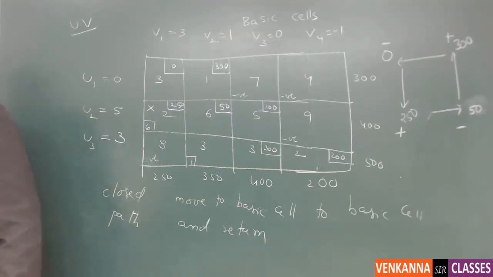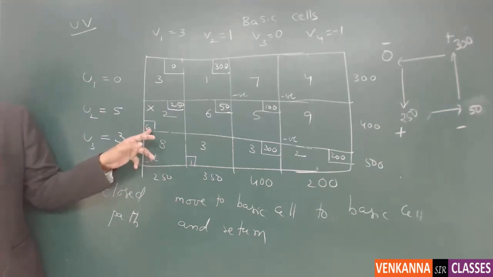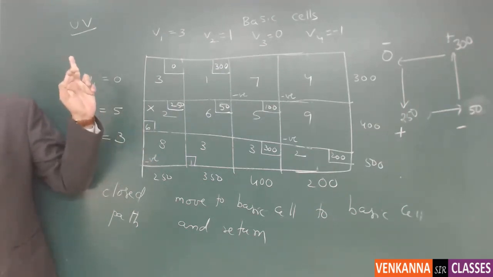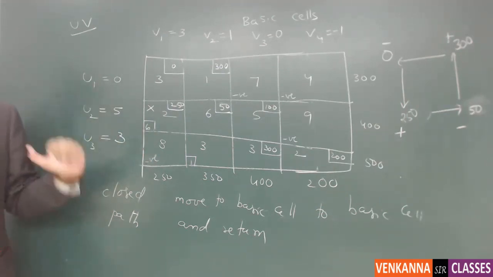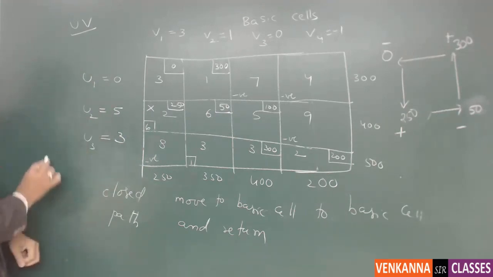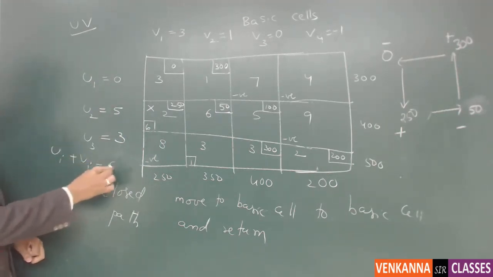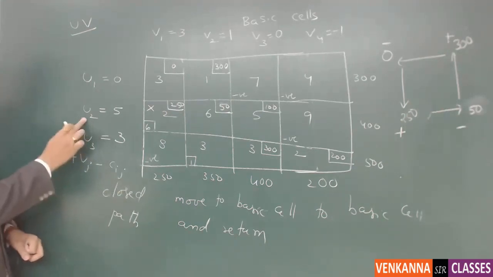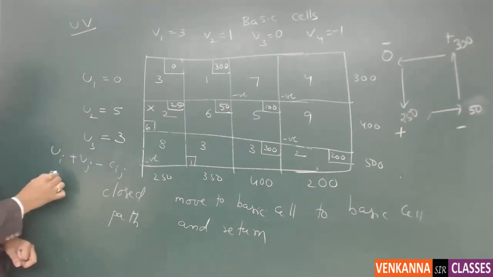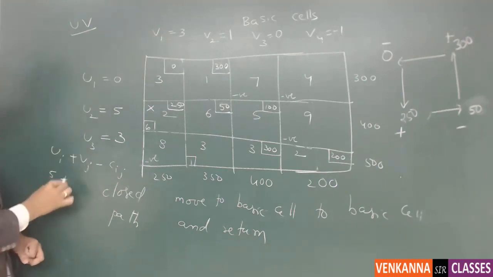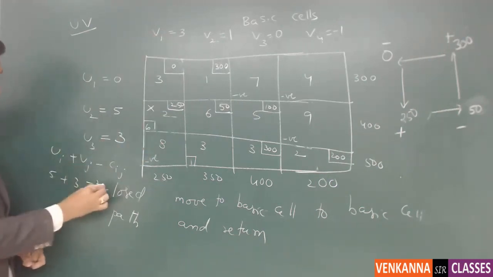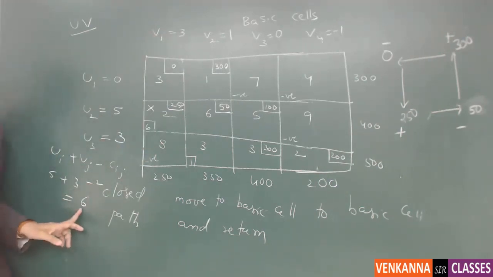Right. So this 6 I have taken earlier. Please understand how this 6 has come. See, what is the formula? Ui plus Vj minus Cij. Ui is 5, this one is 3, minus 2. So the value is 6. Clear?